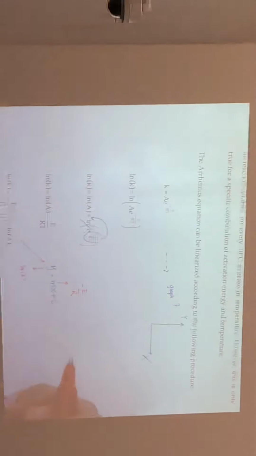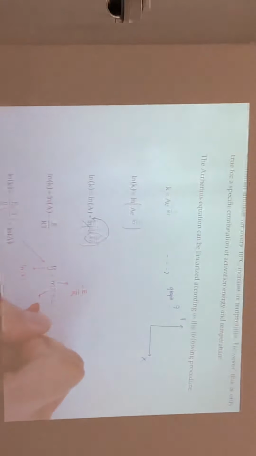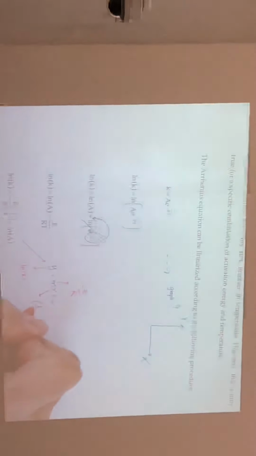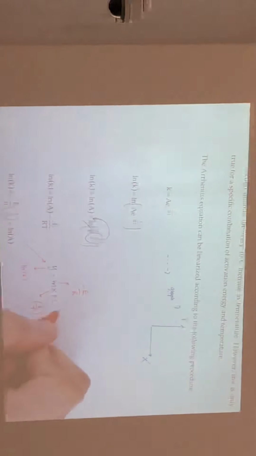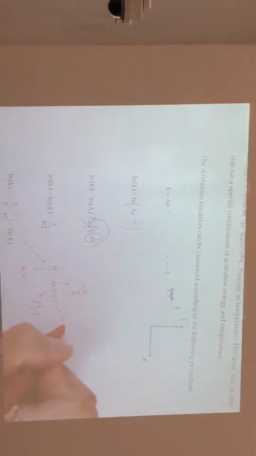X is 1 over T. C is actually ln A. Okay, basically this is the information that you should be able to link up.